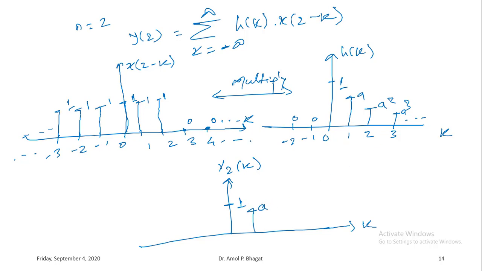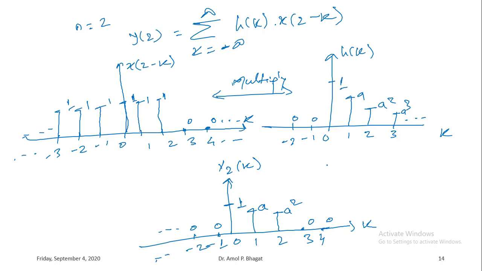At 2 it is a square, at 2 it is 1, so it will be a square. At 3 it is a cube, at 3 it is 0, so it will be 0. At 4 onwards it is 0. Similarly at minus 1 it is 0, and 1, so it will be 0 multiplication, at minus 2 again 0, 1, so it will be 0 and so on.